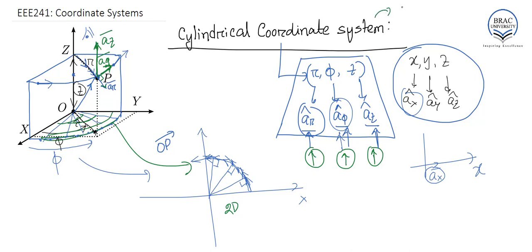Later in this course, you will find that in the case of line charges, calculations will be a lot easier if we use the cylindrical coordinate system in place of the typical Cartesian coordinate system that we are familiar with.